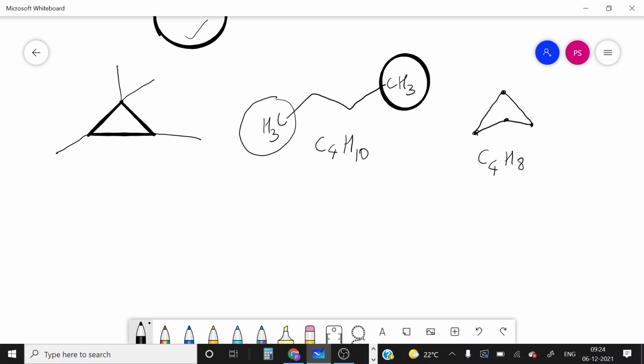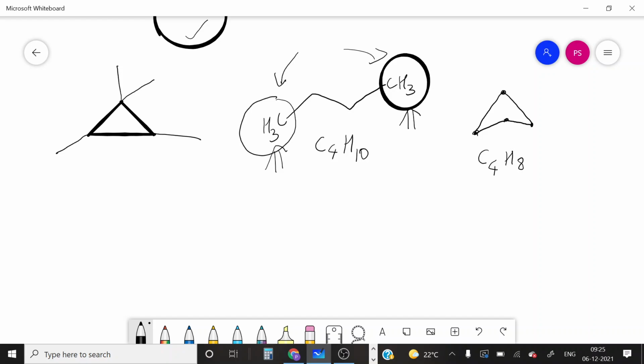Why? Because these two terminal carbons in open chain compound are CH3. But when we connect these two carbons, we have to decrease the valency of these two carbons by 1. Okay, and the fourth valency of these two terminal carbons is mutually satisfied. Okay, so these two CH3 becomes CH2.